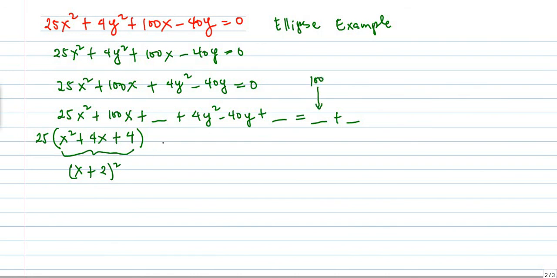Okay, next, plus, we have here 4y squared. Therefore, our multiplier is 4. So plus 4 times y squared, and then this is negative 40. Negative 40 divided by 4 equals negative 10. So we have here 10y.